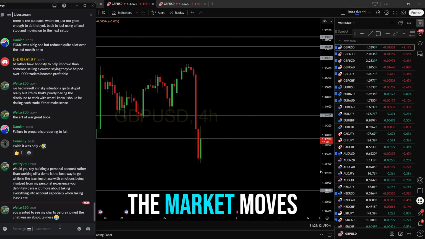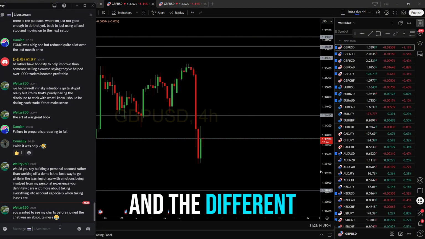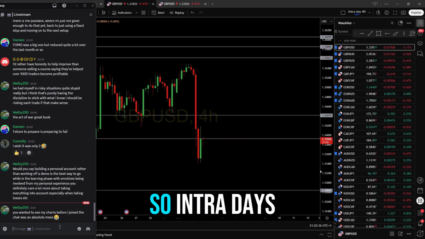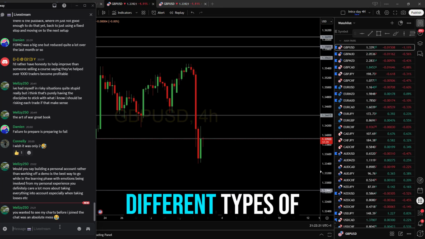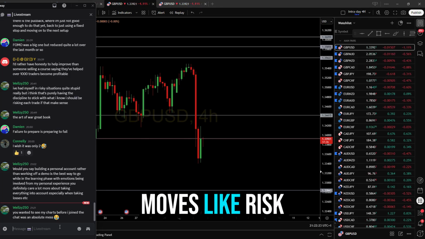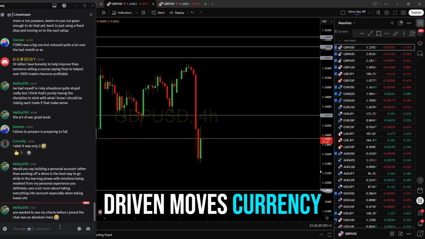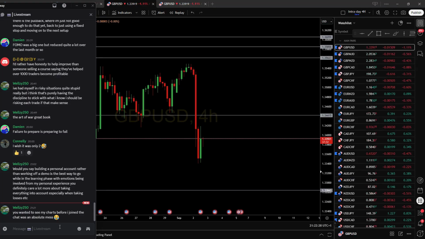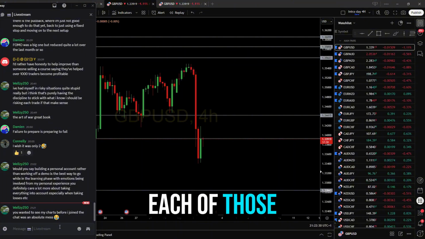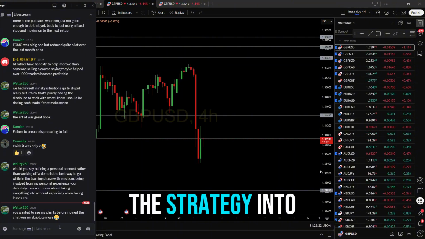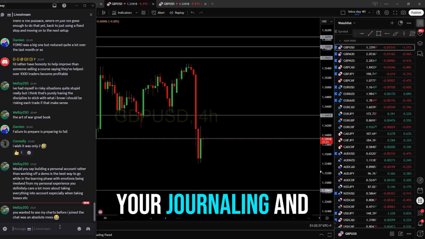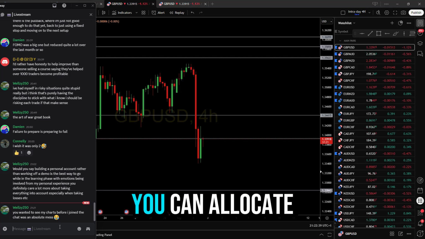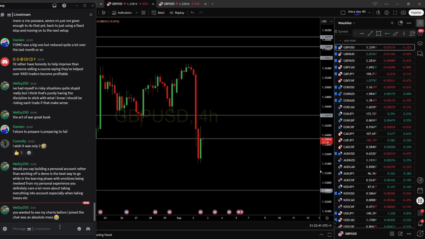The market moves in different ways all the time, and there are different types of technical analysis, so intradays, different types of levels, different types of moves, like risk-driven moves, currency-driven moves. You need a different approach for each of those. So you can actually break down the strategy into individual smaller strategies, and for your journaling and your risk management, you can allocate your risk accordingly to the type of move.